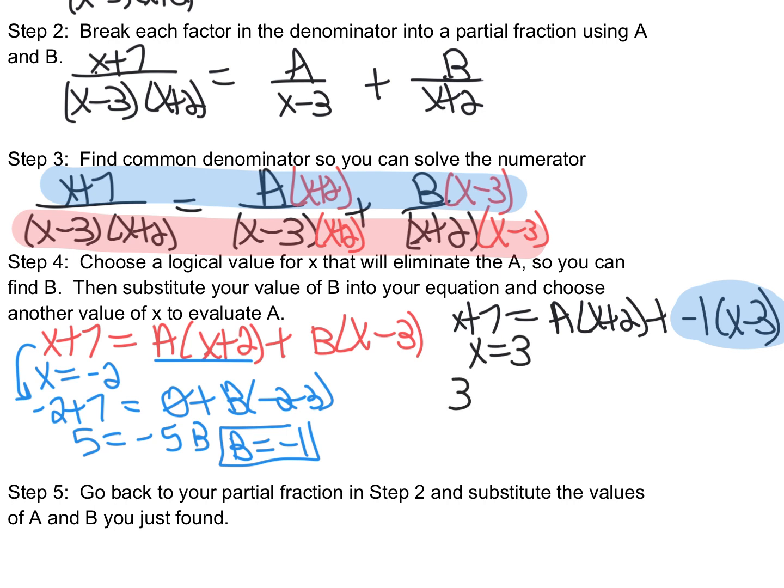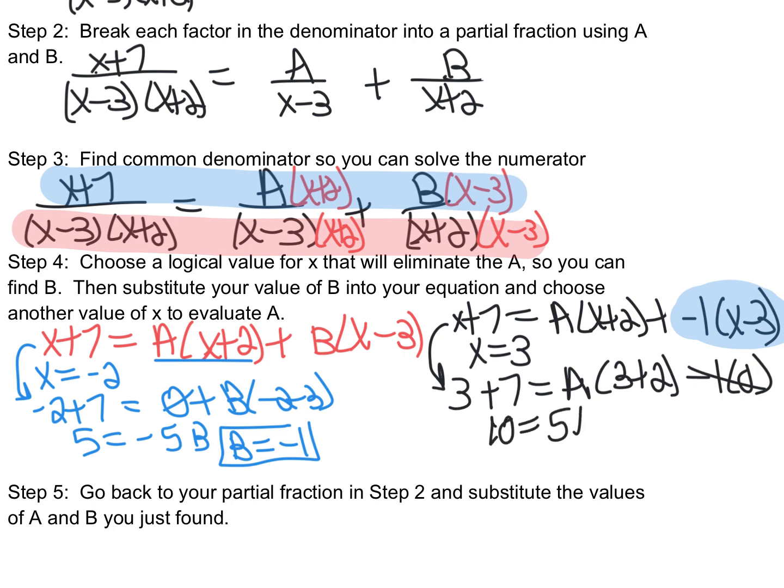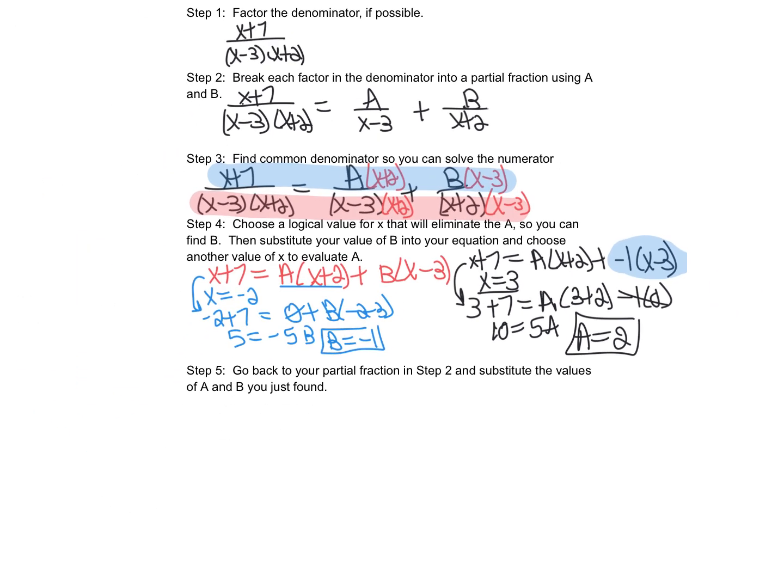So again, we're just going to take this equation, 3 plus 7 equals a times 3 plus 2 minus 1 times 0, which is just 0, which is why I picked that number. And then I have 10 equals 5a, and a equals 2. Again, if you did not choose to use x equals 3 and you picked a different number, that's fine. You should still get the same answer.